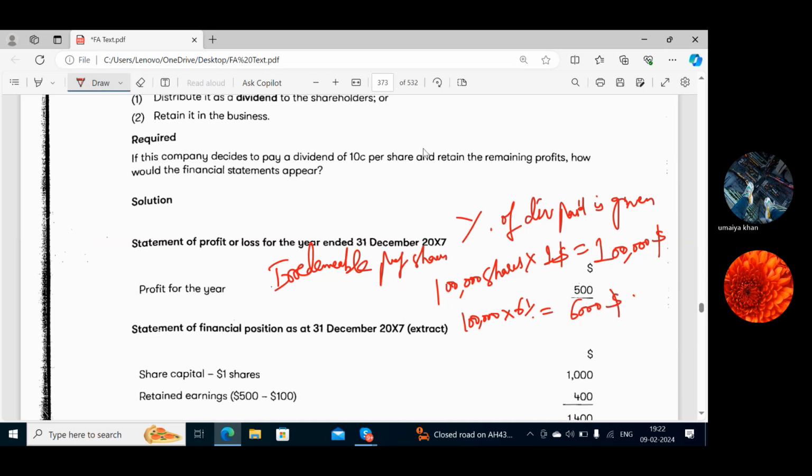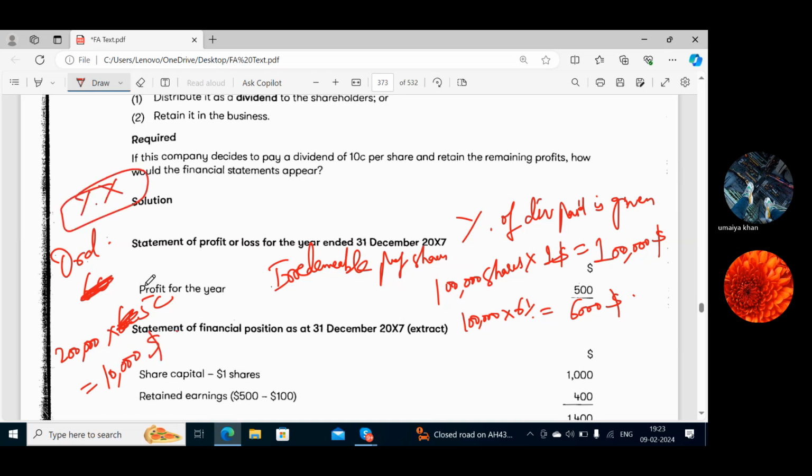Okay, but in case of the ordinary shares, they have given 5 cents per share. So what we will do, we will take the number of shares, which is 200,000 shares, into 5 cents per share. It would be $10,000. All right. So here percentage is not given.